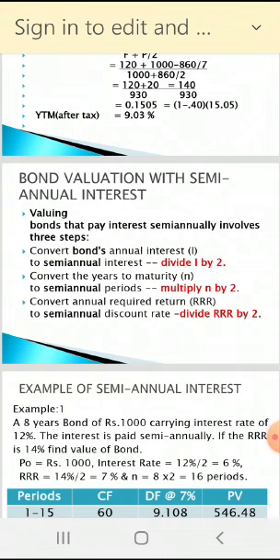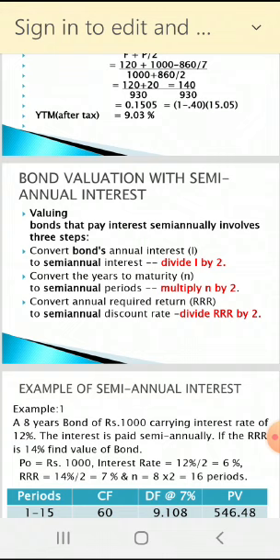In the same way, convert the annual required rate of return, that is the RRR, the discounting factor, to the semi-annual discount rate, that is nothing but divide RRR by 2. Suppose 10% is the required rate of return. That will be divided by 2, so for one period it is 5%.